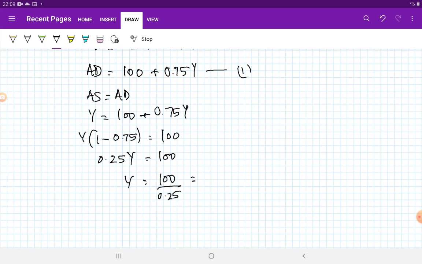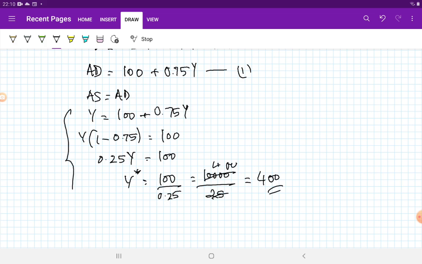You guys have a calculator, otherwise since 25 4s are 100 and another 2 zeros, so this is my equilibrium national income.